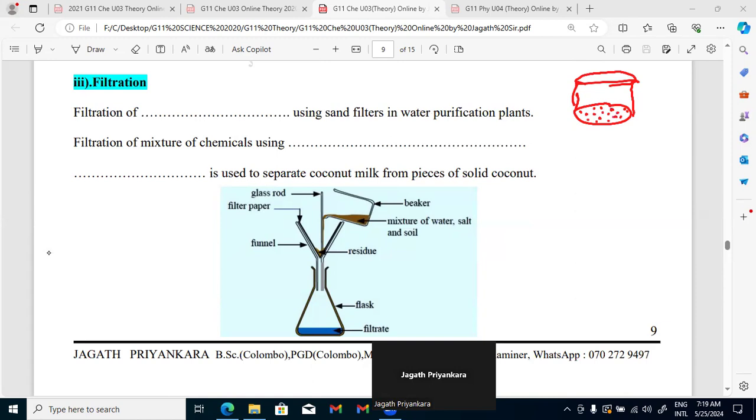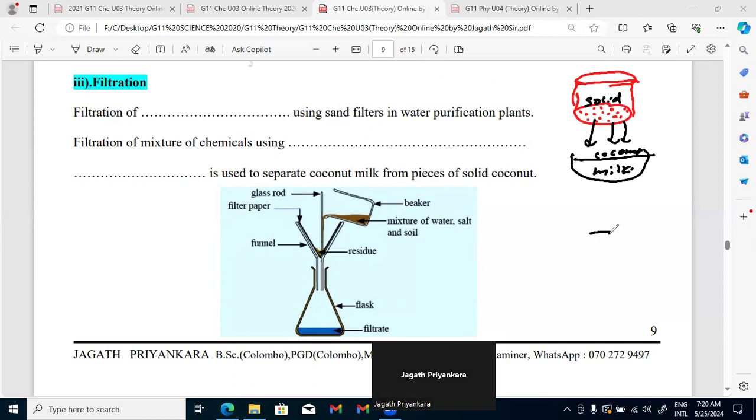So through this, what happens? The coconut milk you can take to a bowl, and the solid retains here. Solid particles of the coconut are retained because solids cannot pass through the filter.